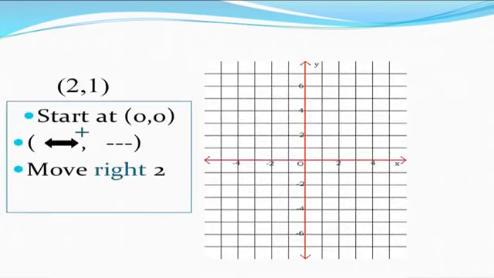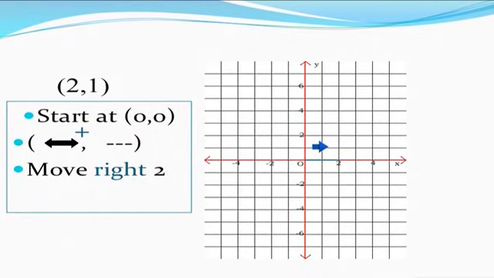Now let us look at the graphing of a point whose coordinates are represented by the ordered pair 2, 1. We start from the origin, whose coordinates are also 0, 0. In the ordered pair 2, 1, 2 is to be represented with the help of the x-axis. So we move towards the right of the origin on the horizontal axis by 2 points.